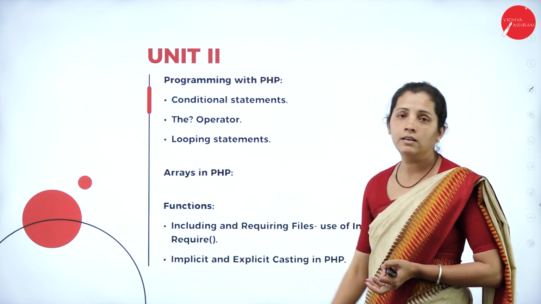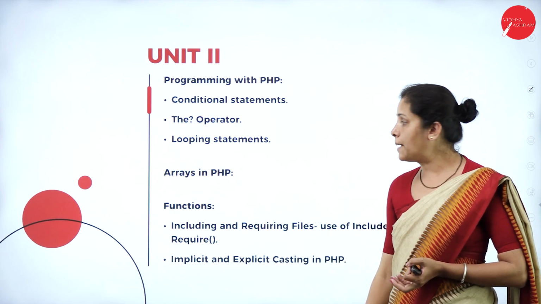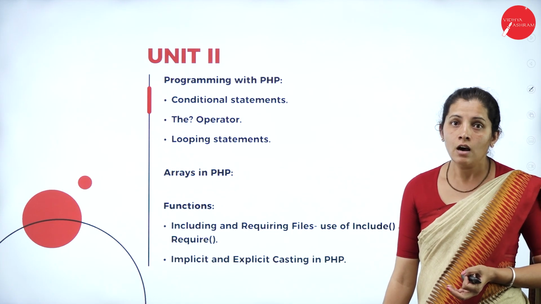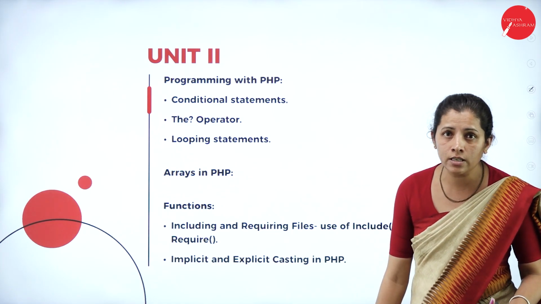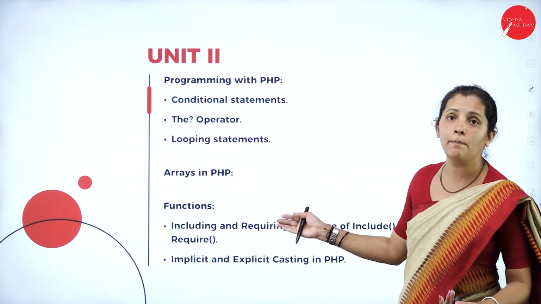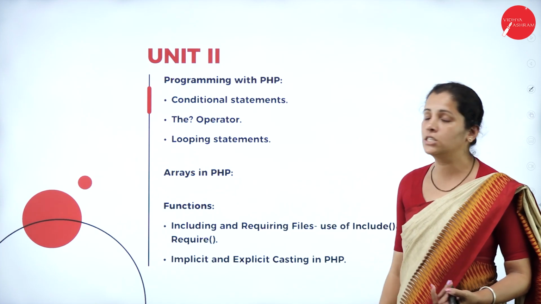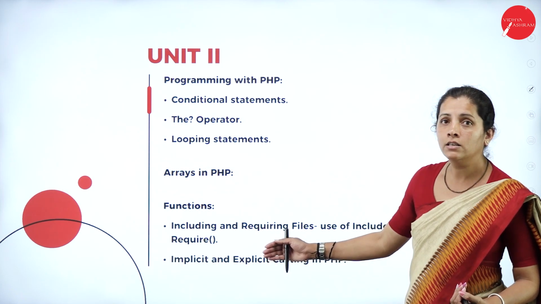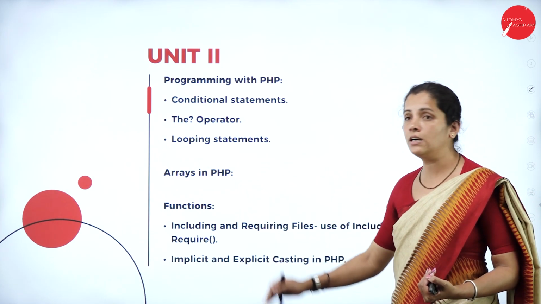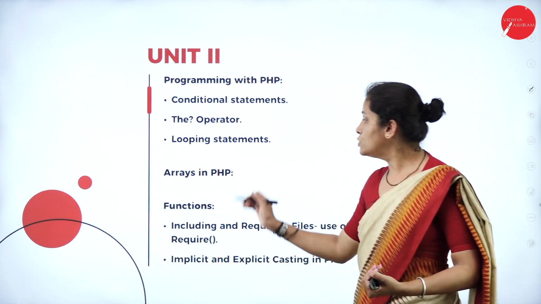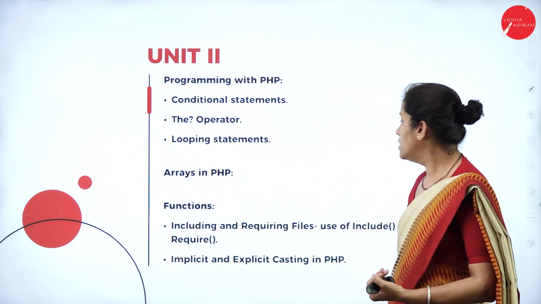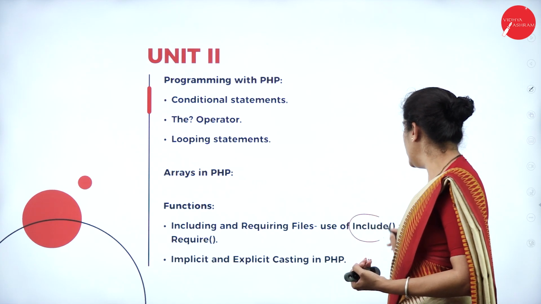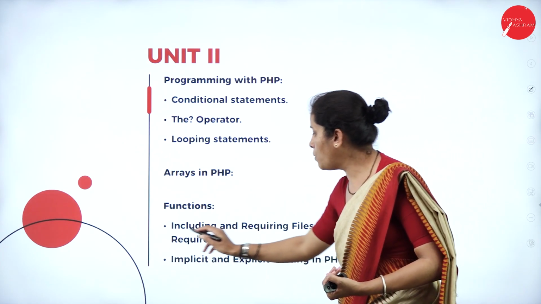Okay, fine. If I consider the third chapter, that is nothing but functions. So what is a function? How to create a function? How does PHP support functions? All those things we are going to study in our Unit 2, chapter 3. So functions include requiring files, that is using include and require.